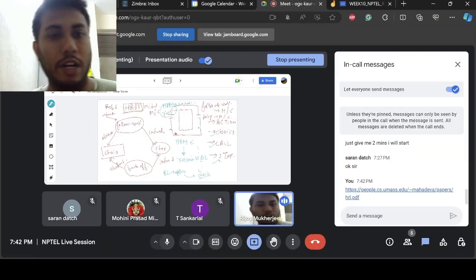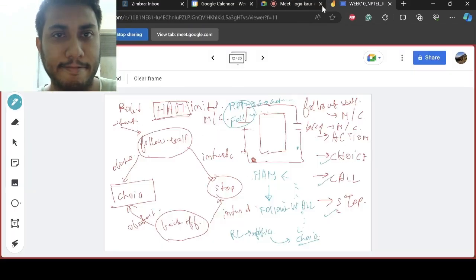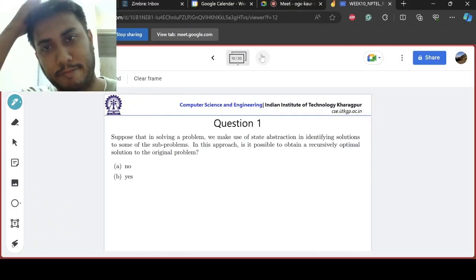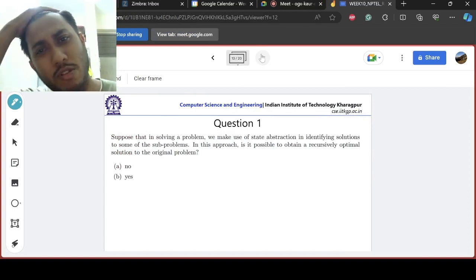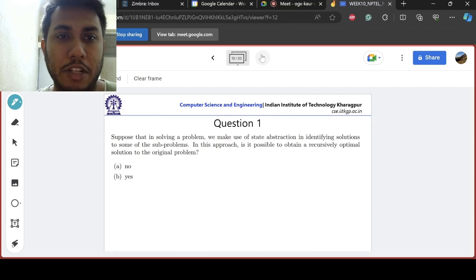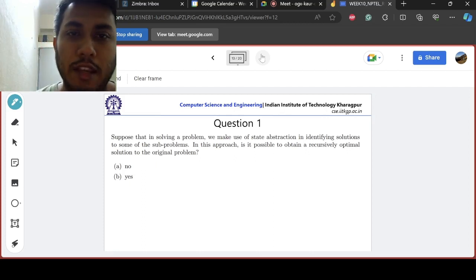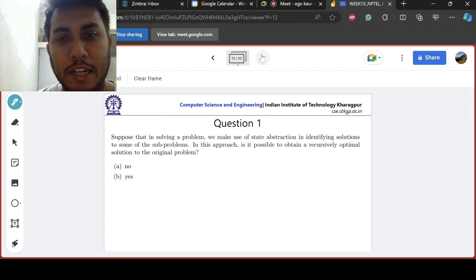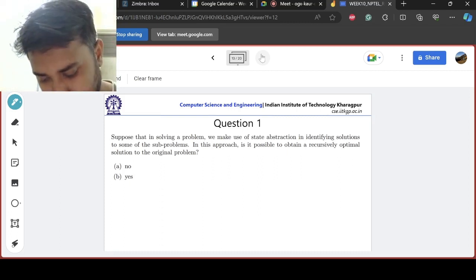Okay, so let's go to solving the problems which we have this week. Question one. Suppose that in solving a problem, we make use of state abstraction, identifying solutions to some sub problems. Is it possible in this approach to obtain a recursively optimal solution to the original problem? Think about it and say the answer.